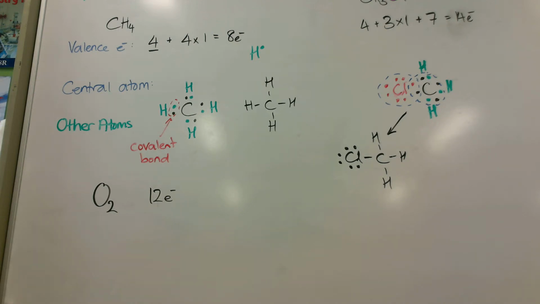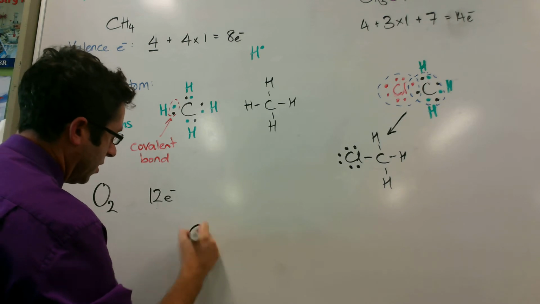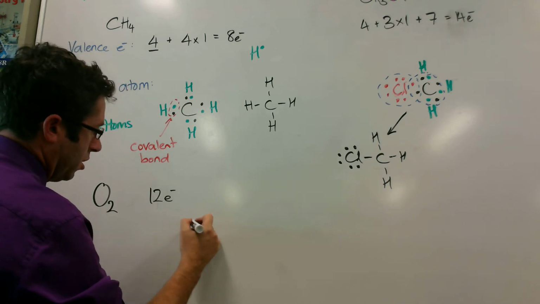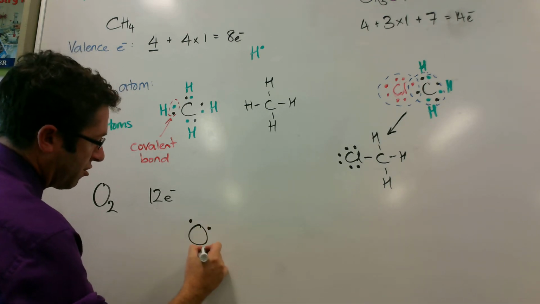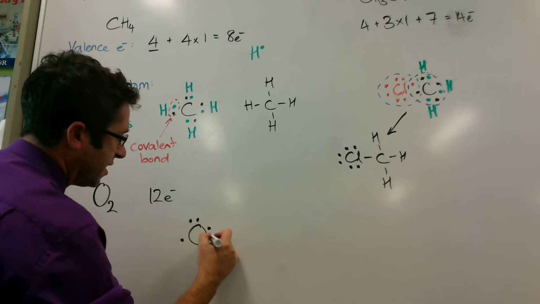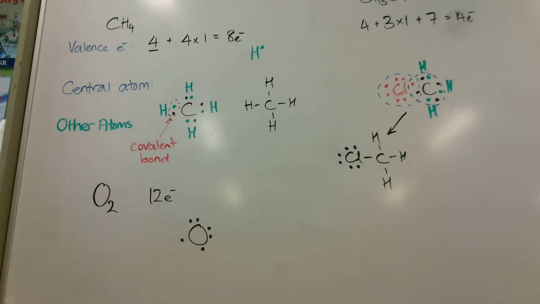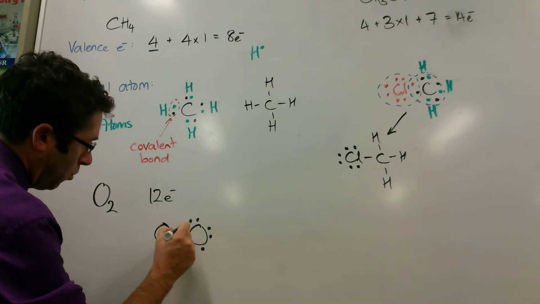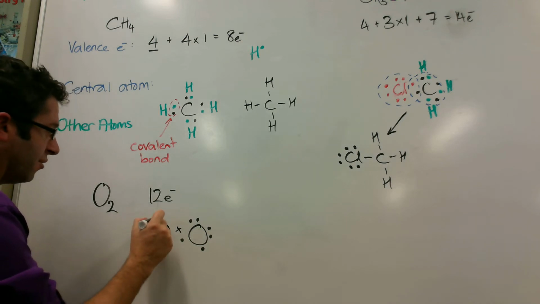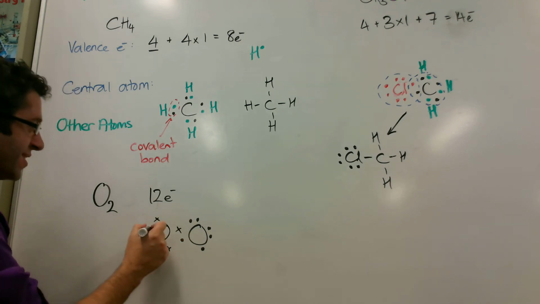I'm going to use crosses and dots to show you how I'm going to do this. So I'll draw one of them. And I'll go 1, 2, 3, 4, 5, 6. Well, it looks like I might be able to stick some things together here, doesn't it? So I'll put the other oxygen over here. And I'll start here. 1, 2, 3, 4, well, I've got to skip that one, 5, 6.